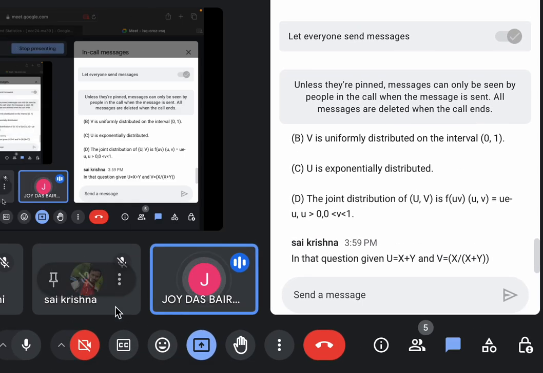Krishna, I don't know how to solve it. Let me think about it. I will solve it in the next class because I don't see how I am going to solve it.